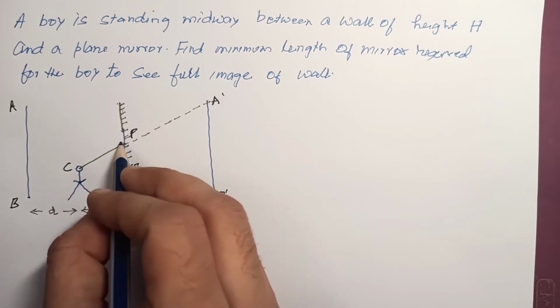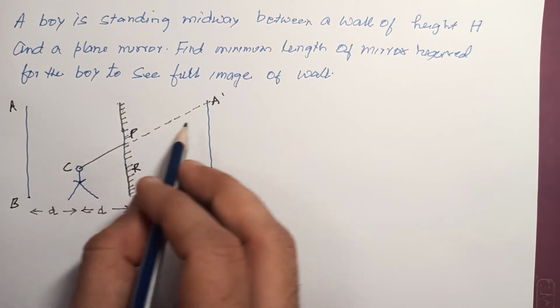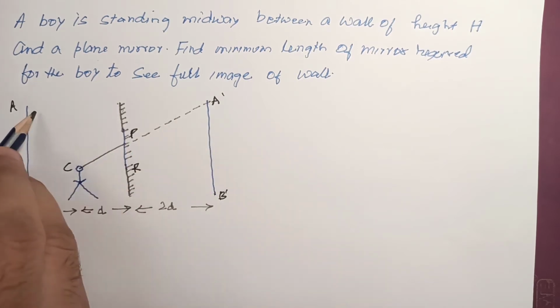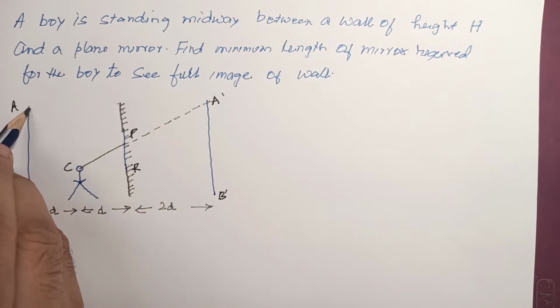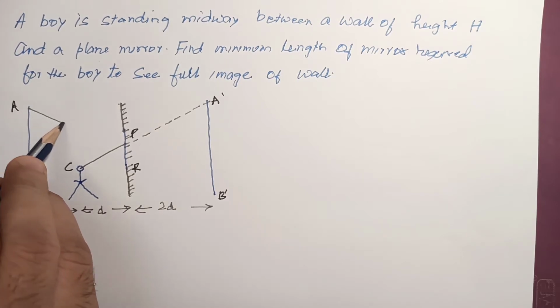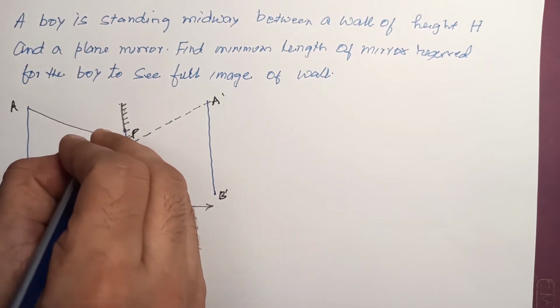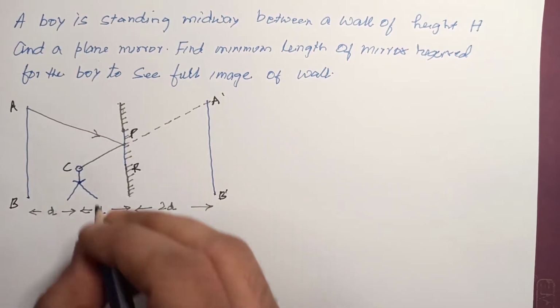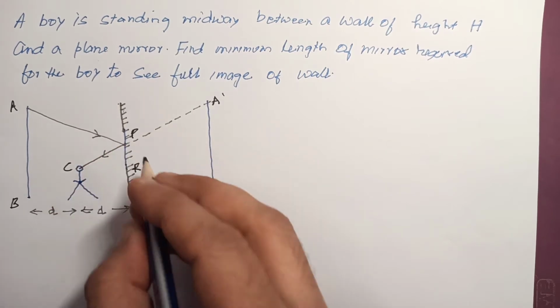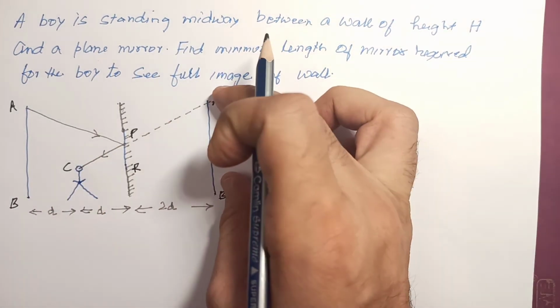But actually it will not be like this. This is just a reflection, so the light is actually coming from here, and it goes something like this. This is just an illusion, this is the image.